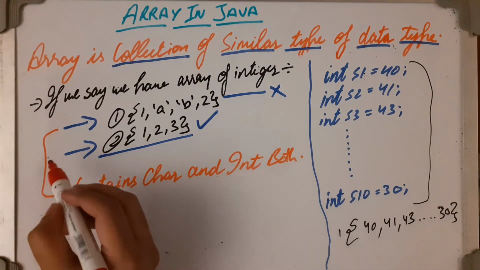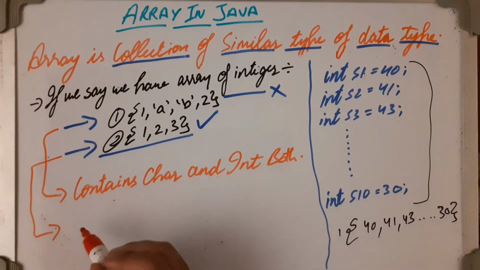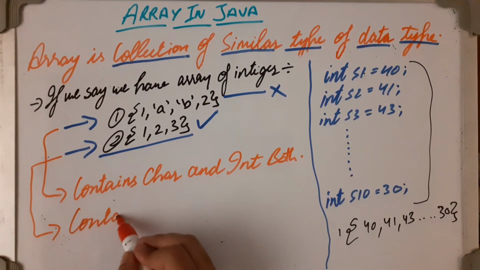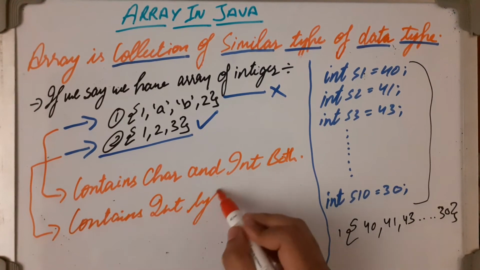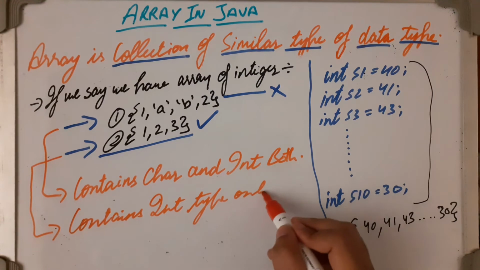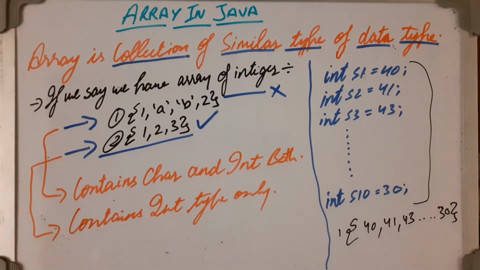The second one contains int type only, so it is containing integer type only, that's why it is an array, and the first one is not an array.